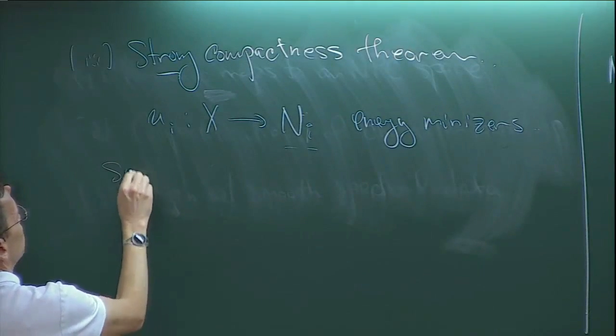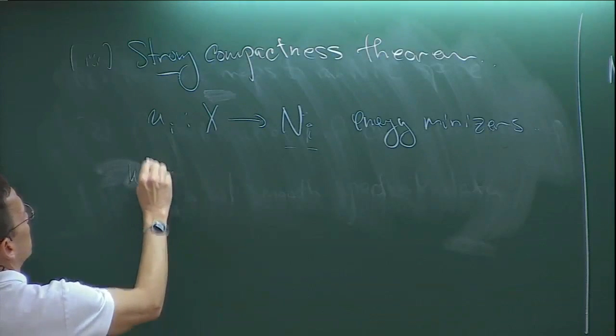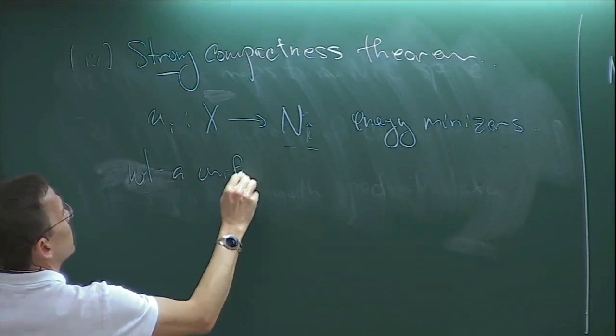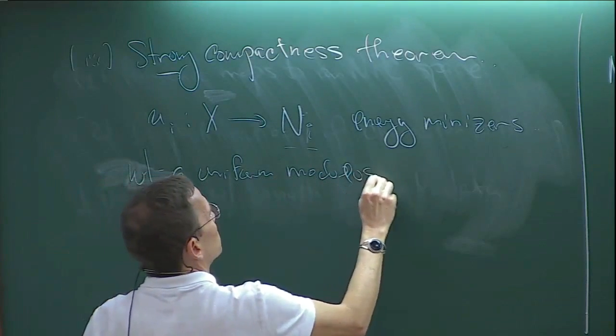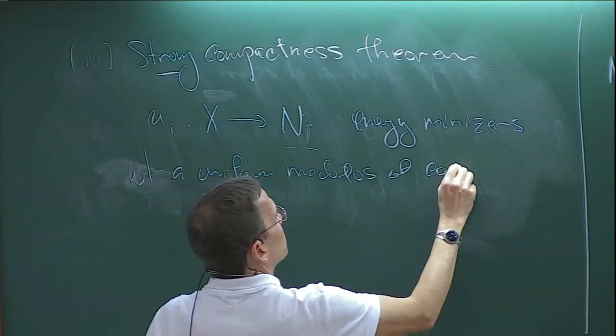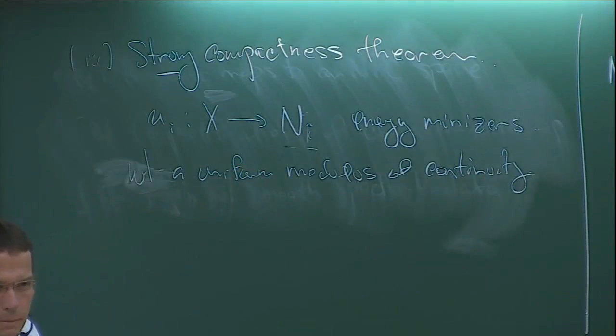And suppose that there is a uniform modulus of continuity. So I won't say what that is, but it's basically sort of uniform Lipschitz property.